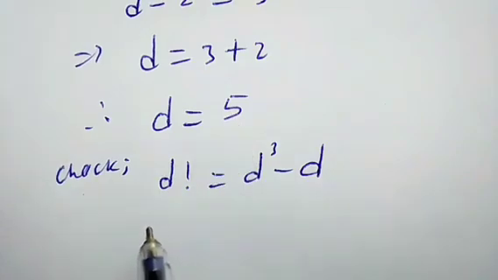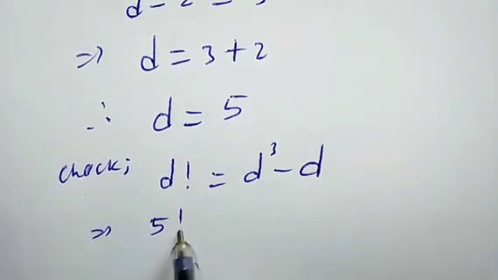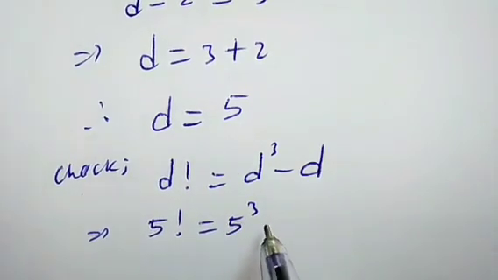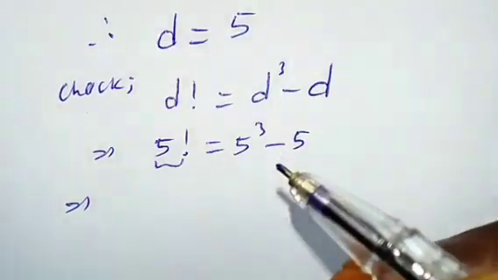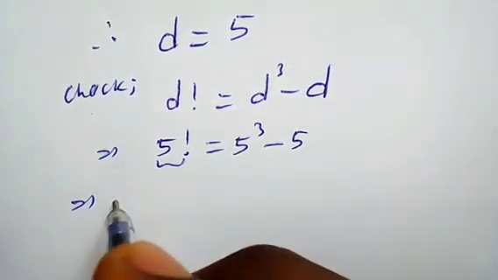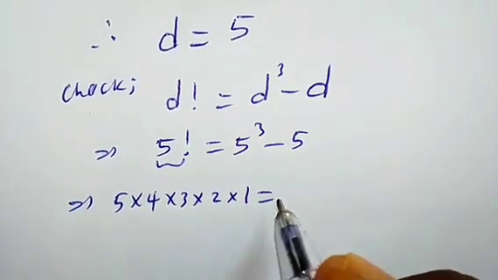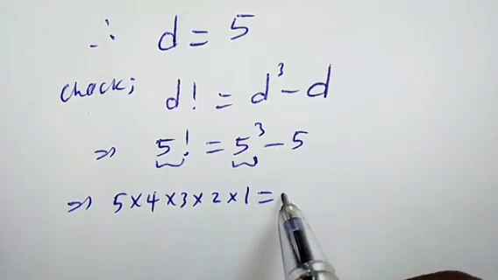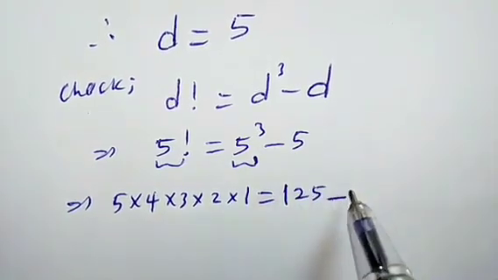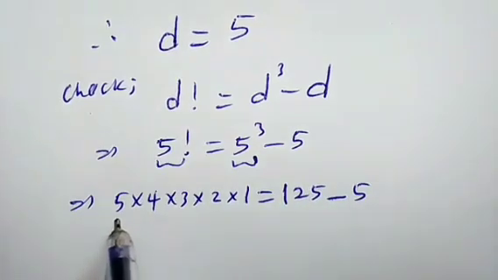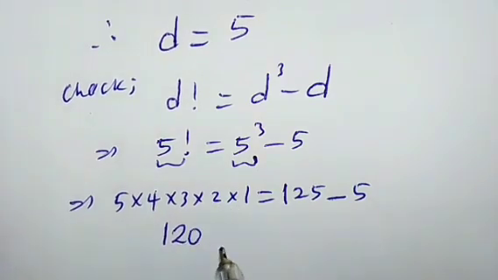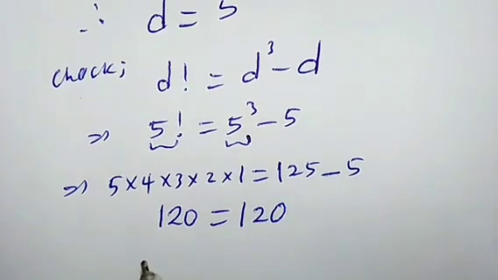So this implies that 5 factorial is equal to 5 to the power of 3 minus 5. 5 factorial can also be written as 5 times 4 times 3 times 2 times 1 equal to 5 to the power of 3, that is 125 minus 5. 5 times 4 times 3 times 2 times 1 is simply 120 equal to 125 minus 5, that is 120. This indicates that the left hand side is equal to the right hand side.